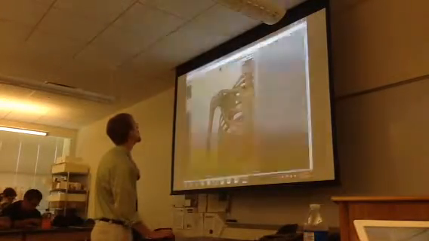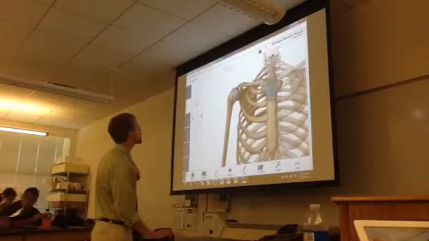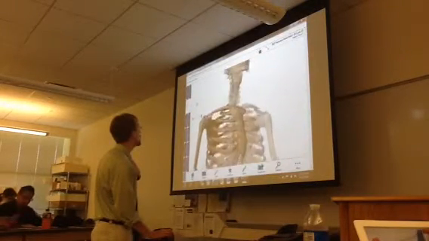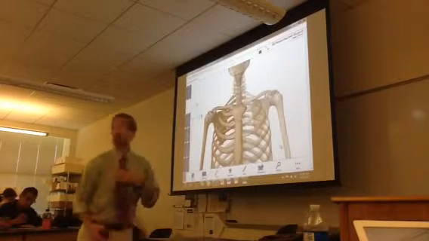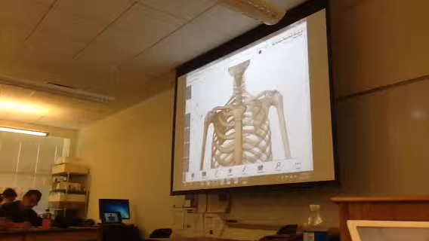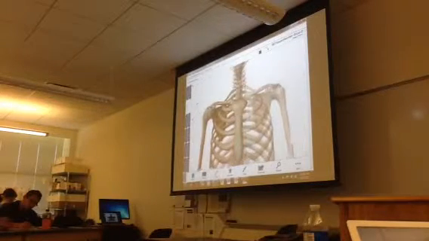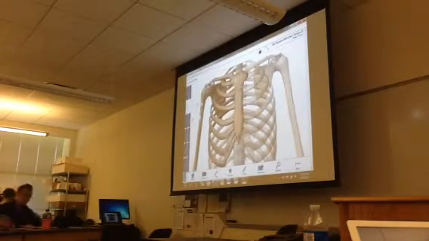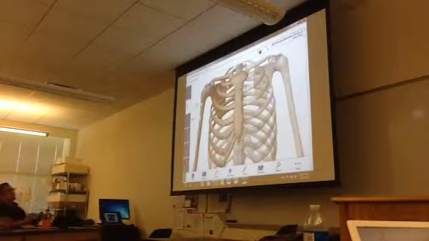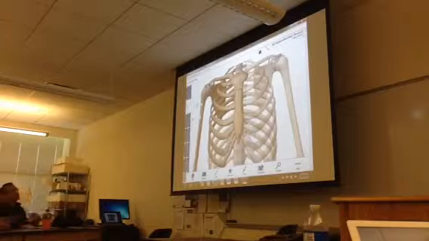All right, so what we have here is a series of bones. The xiphoid process, the tip right at the base of your sternum, the sternum itself, and then the manubrium.